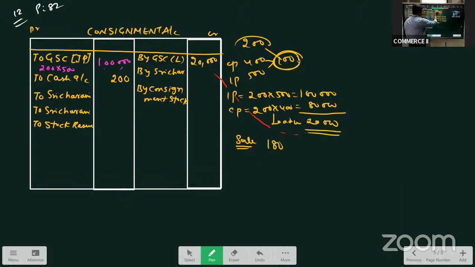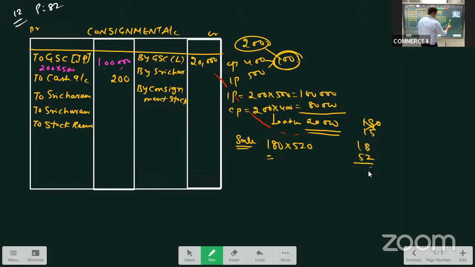What is the total number of cases? 200. 180 are sold at 520 each. So what is the total sales value? Multiply. 93,600.